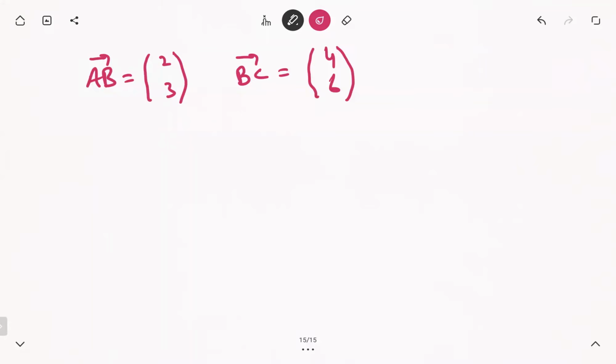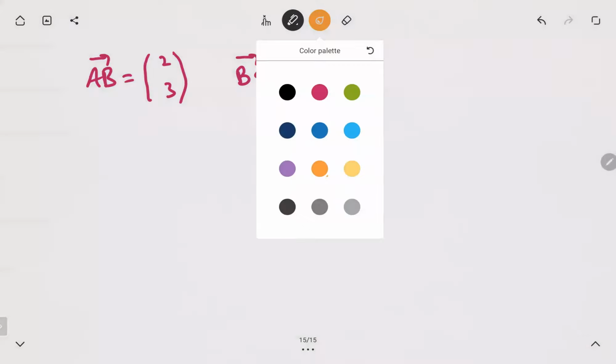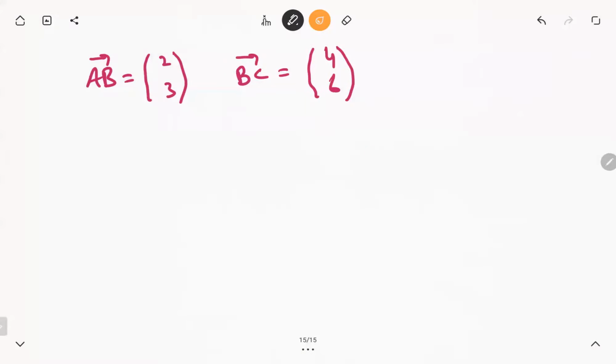Can we say AB and BC are parallel? No, we can't. Shamir is saying we cannot.